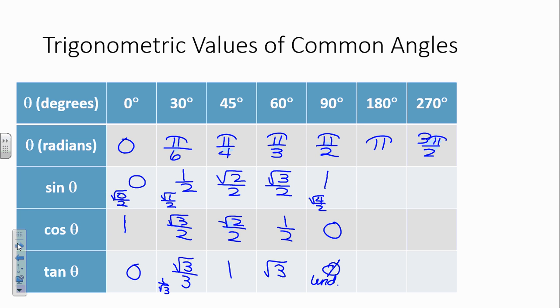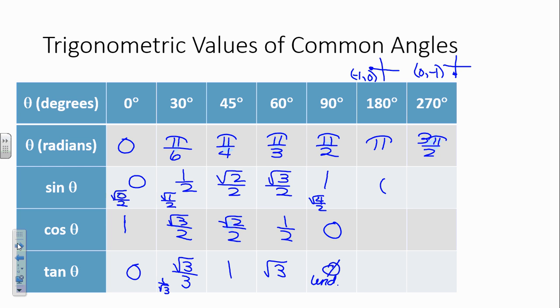Okay. Now let's think about 180 and 270. 180 and 270, I'm here, right? What's that ordered pair? -1, 0. And what's this ordered pair? 0, -1. So the sine is the y value, right?